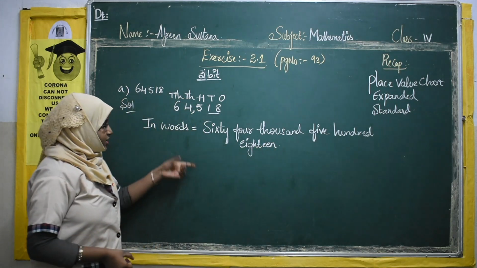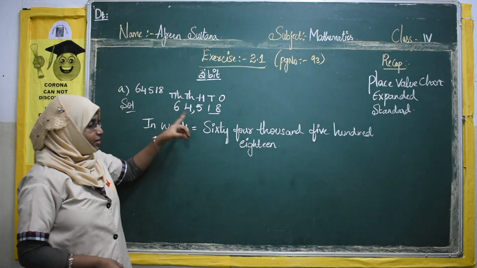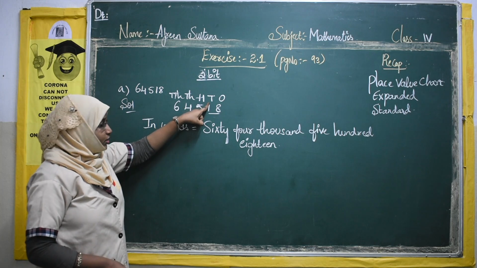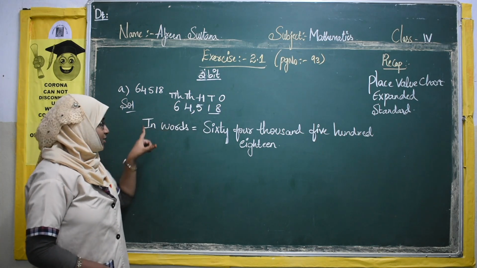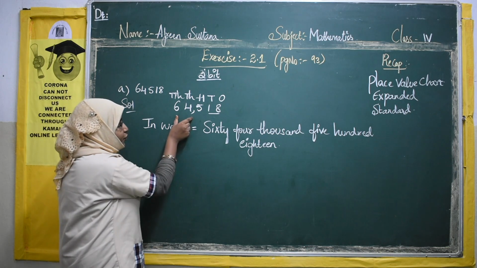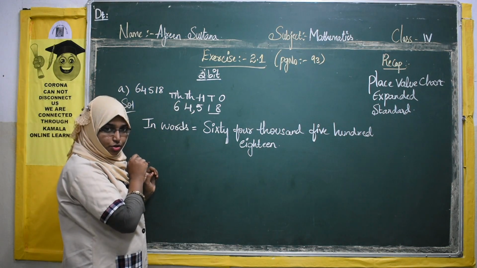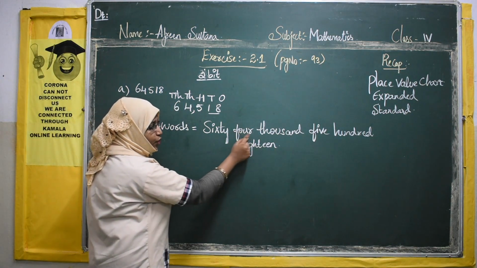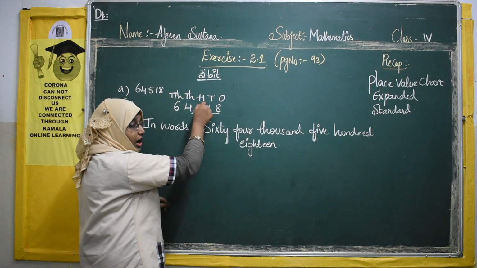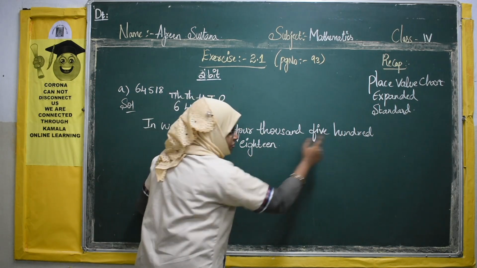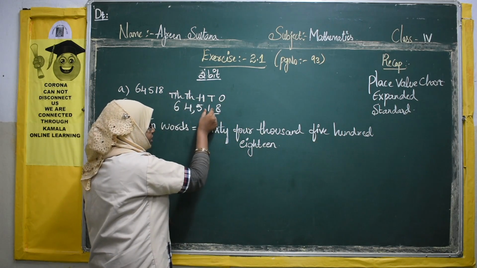Right? What is the first step? First to place commas, we will write the place values on the top: ones, tens, 100, 1000, 10,000. Then we will place the commas. Then we will write in words. As 64 is going in thousands period, thousands row, so we have written 64,000. Next, 5, 1, 8. 5 is in hundreds place. So 500. Now the last 1 tens.